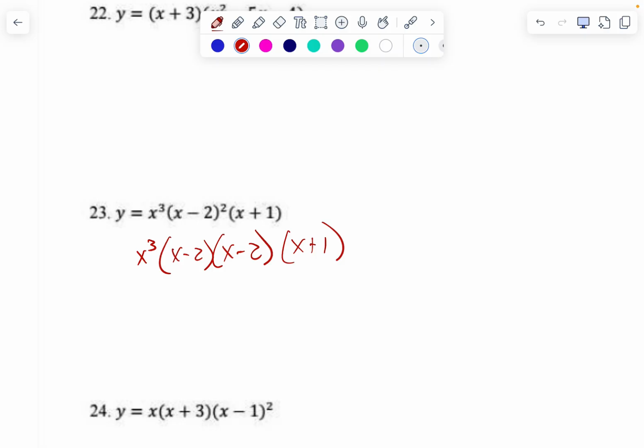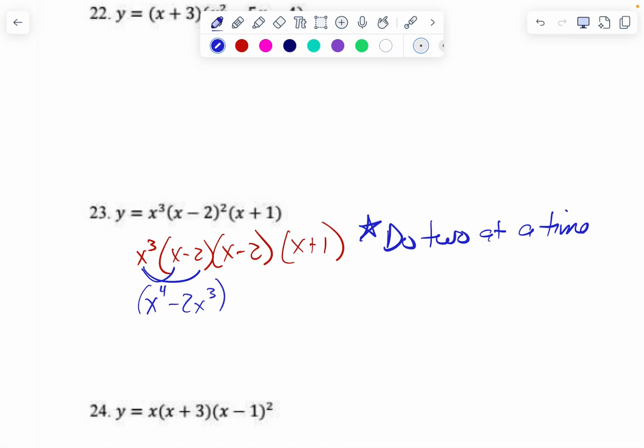How many of these can we do at a time? Like multiply at a time? Do 2 at a time. Okay, so maybe like those first 2, and you get, what is x cubed times x? X to the 4th minus 2x cubed. Okay, now make that a group and bring down the next piece.